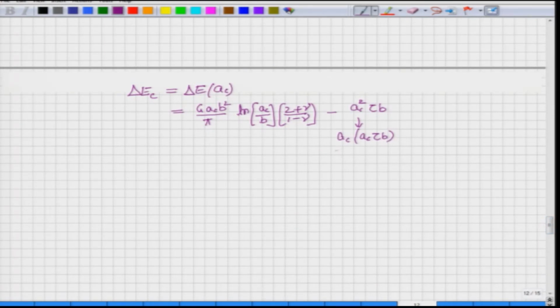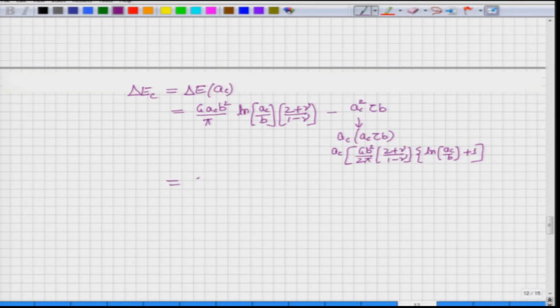So, this term becomes AC into G B square. So, we have this minus this, and how do we handle that?